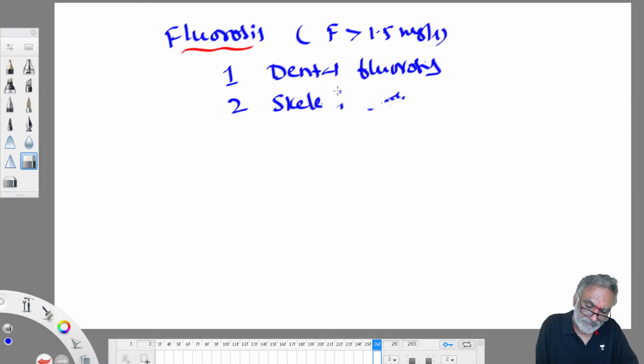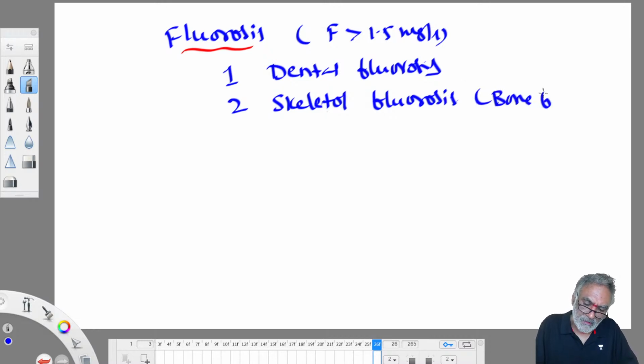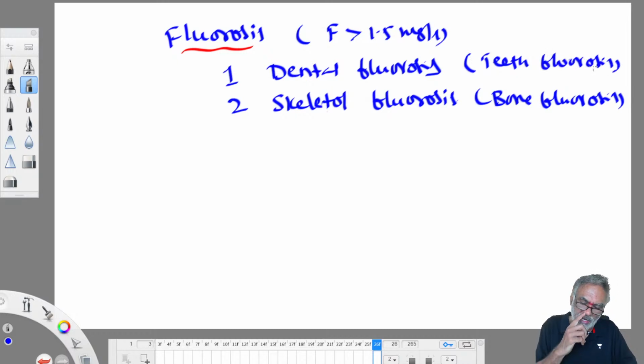Bone fluorosis is also called skeletal fluorosis, so bones become weak. Teeth fluorosis also. Anyway, either of them is not recommended.